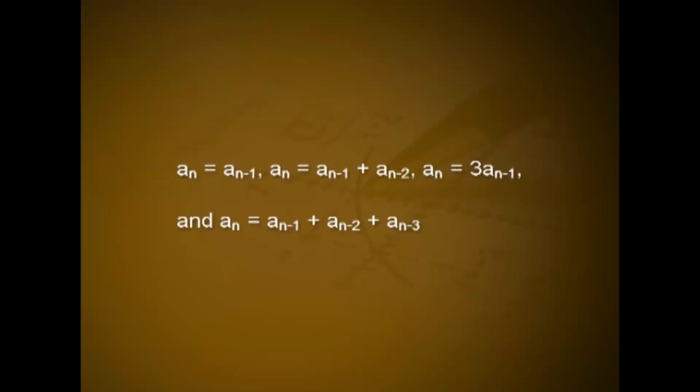The associated linear homogeneous recurrence relations are a_n = a_{n-1}, a_n = a_{n-1} + a_{n-2}, a_n = 3 a_{n-1}, and a_n = a_{n-1} + a_{n-2} + a_{n-3} respectively.